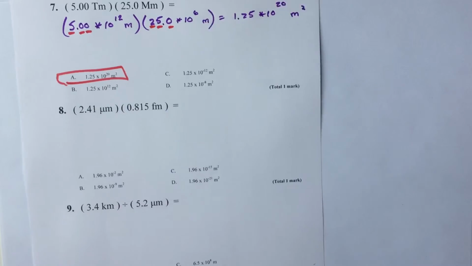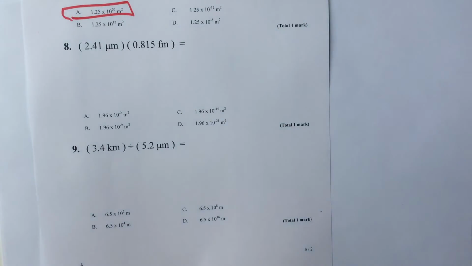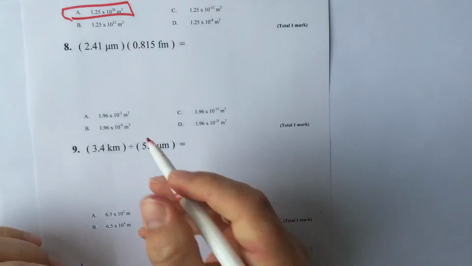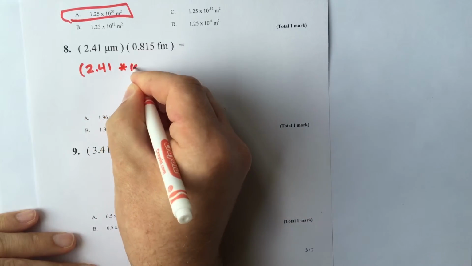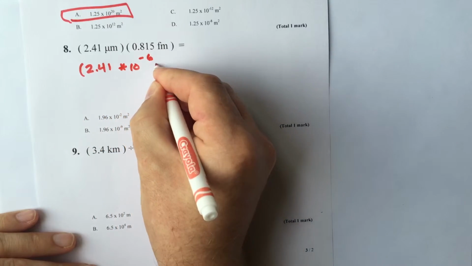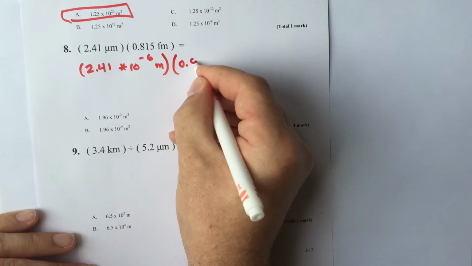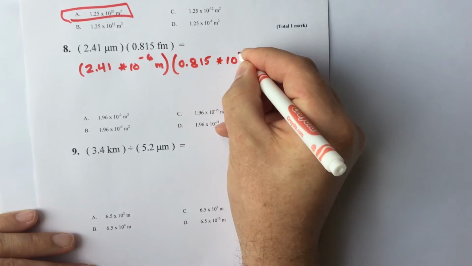Number 8. Here we have some more metric prefixes. Micro, that's 10 to the negative 6. So it's the same as 2.41 times 10 to the negative 6 meters times femto, that's 10 to the negative 15.